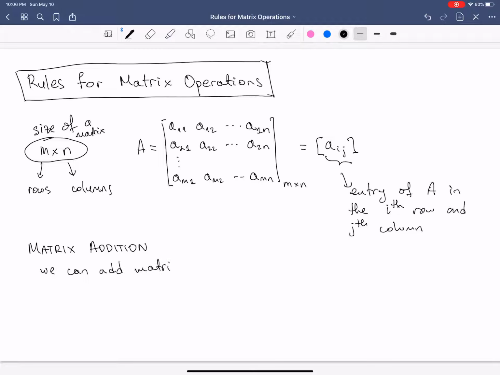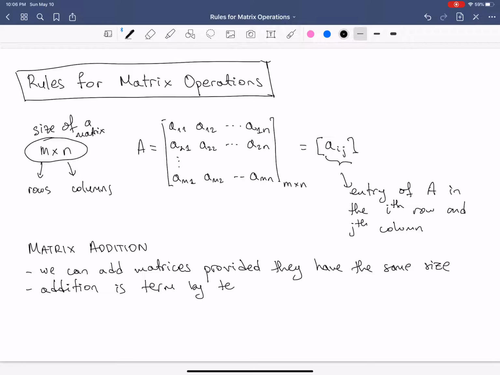So for matrix addition, we can add matrices provided they have the same size. If they're of different size, we cannot add them. And the addition is term by term, or component by component, as one would expect, just like a generalization of vectors, you could say.